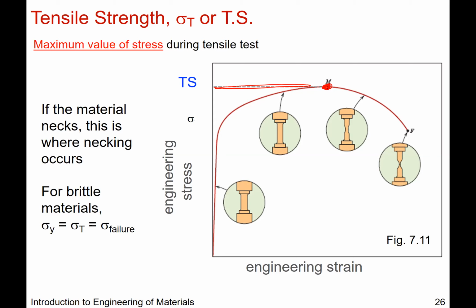As you elongate this material, this region right here starts to get smaller and smaller until fracture. The point of fracture is where your stress strain curve data stops collecting, because your material has now fractured.